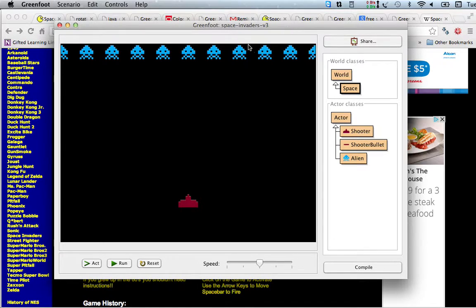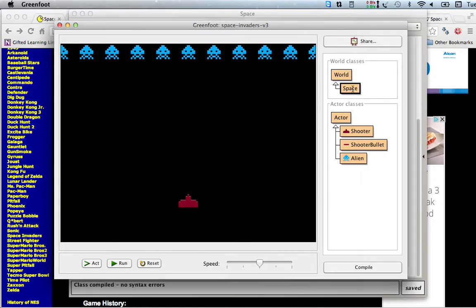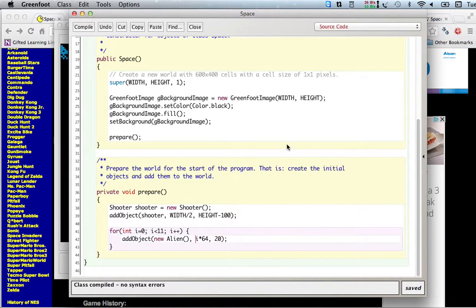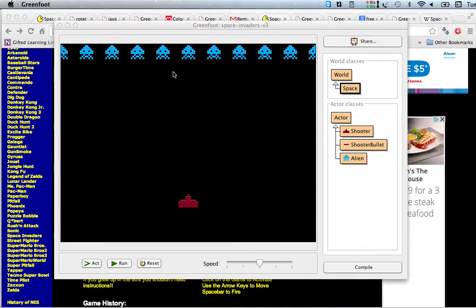All right, so the last time we figured out how to space these guys evenly across the screen. We did that in our prepare in world here. But what we wanted to do was start these guys a little farther in, give ourselves a margin.